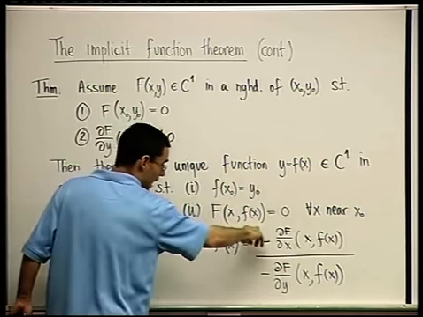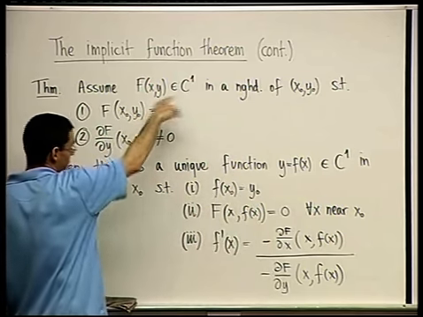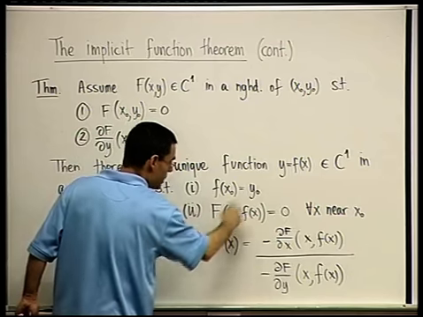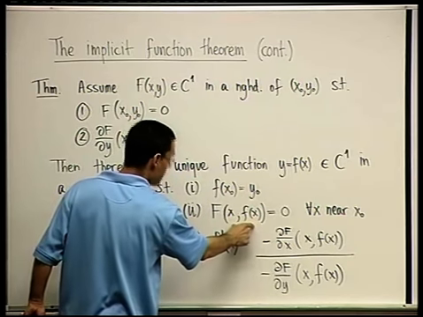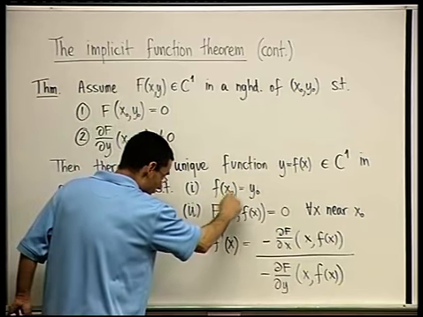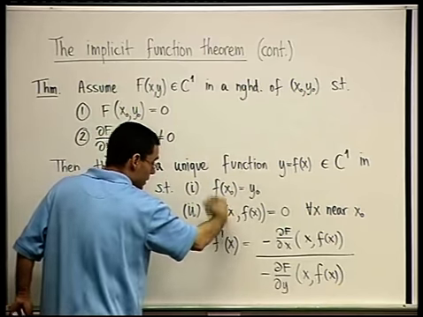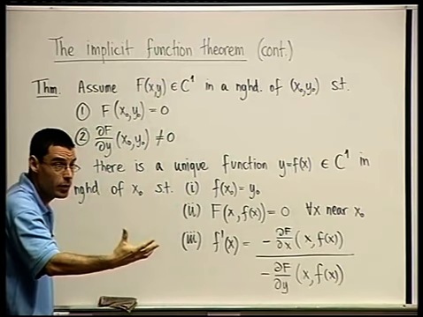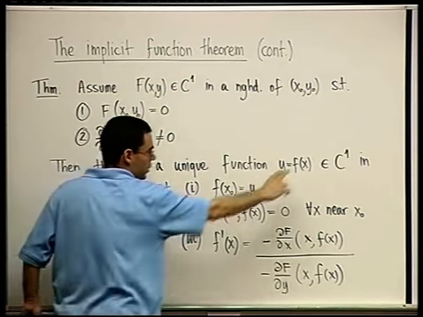Moreover, if you take f of x and plug it in for y here, you're going to get 0, meaning that all these points of the form y equals f of x precisely satisfy the relation, so that y equals f of x is saying the same thing as F of (x, y) equals 0, but in terms of a function.